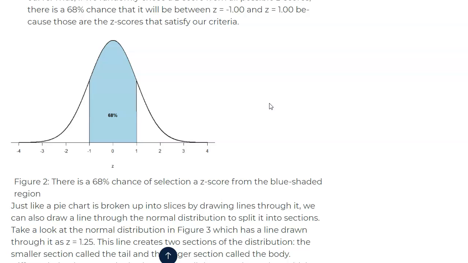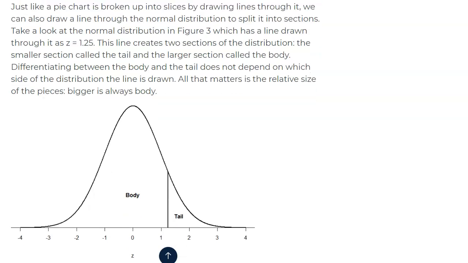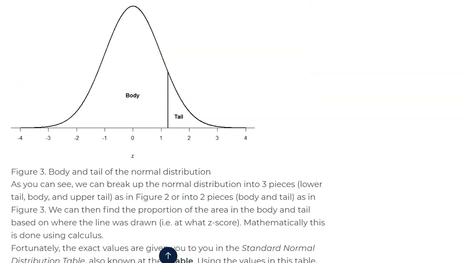We can also interpret that as probability, so there's a 68% chance someone would fall into that category. So we can think about those things in terms of normal percentages, and also in terms of probability.